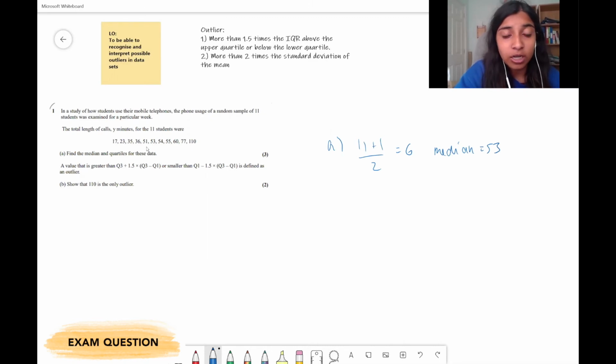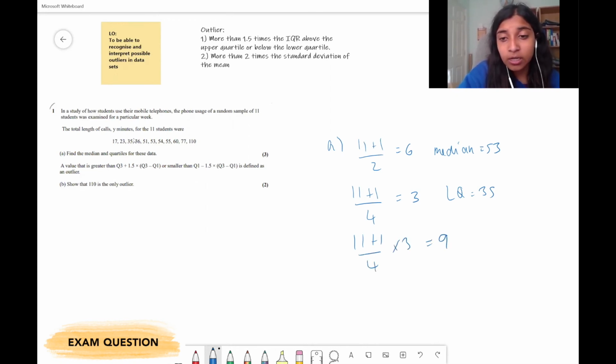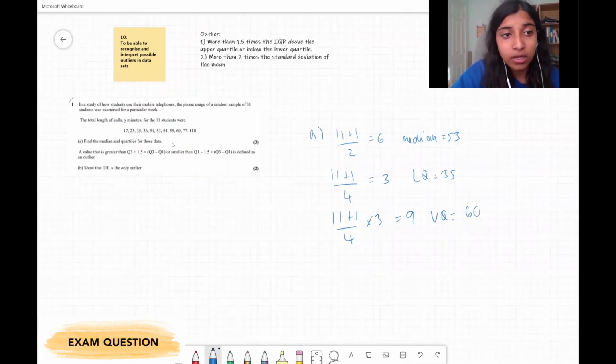Next, the lower quartile: the position is 11 plus 1 divided by 4, which is 3. The third value is 35, so our lower quartile is 35. Then our upper quartile is at 11 plus 1 over 4 times 3, which is 9. The ninth position, 1, 2, 3, 4, 5, 6, 7, 8, 9, is 60. So that's all your median and quartiles.